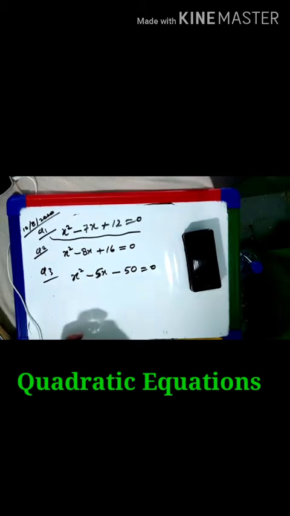So now which two numbers will you take to balance these signs? 5 and 10. So if you write 5 and 10, now try to balance the signs, 10 and 5. Okay.